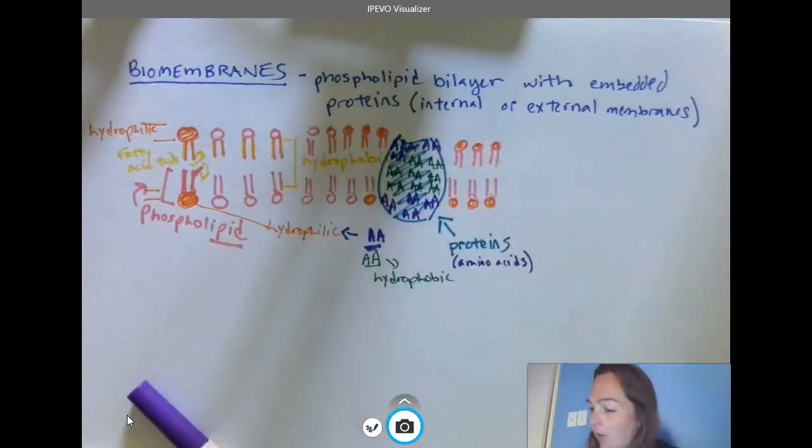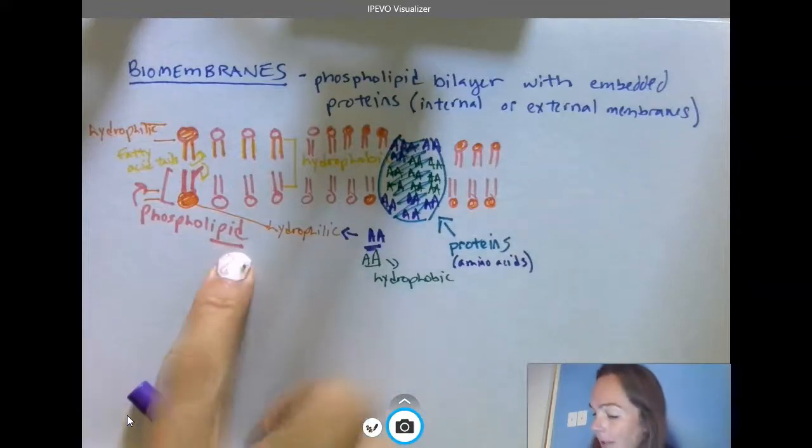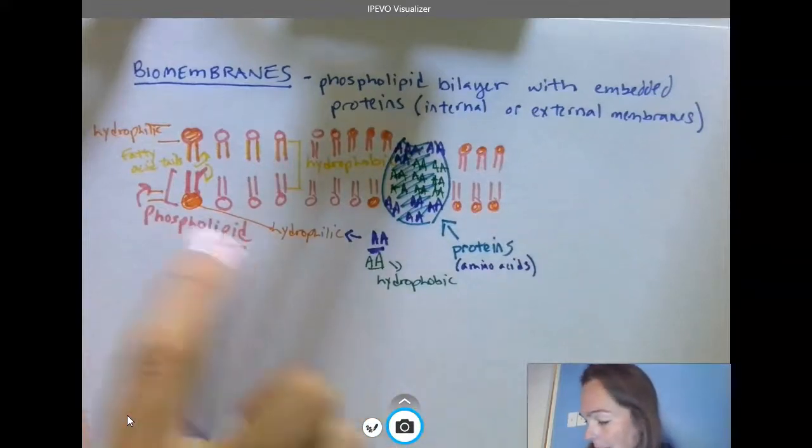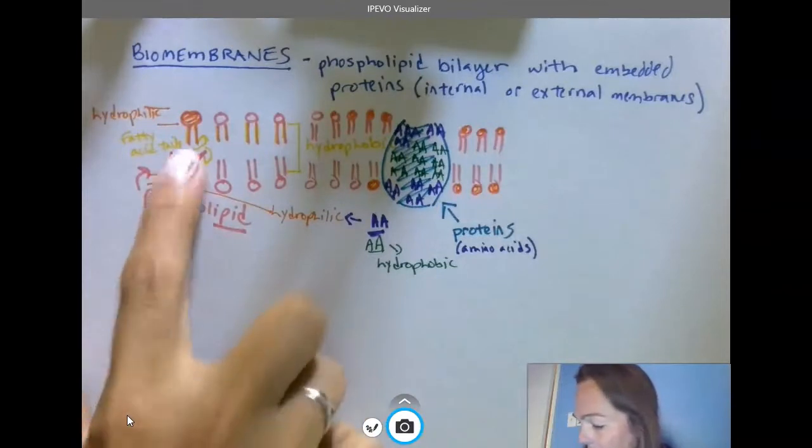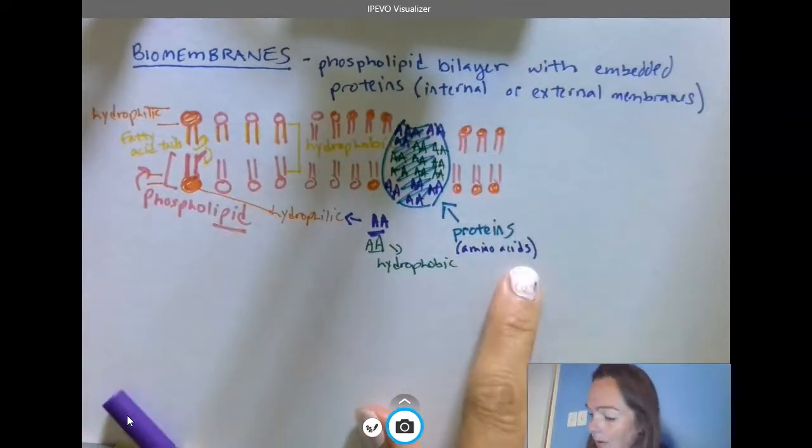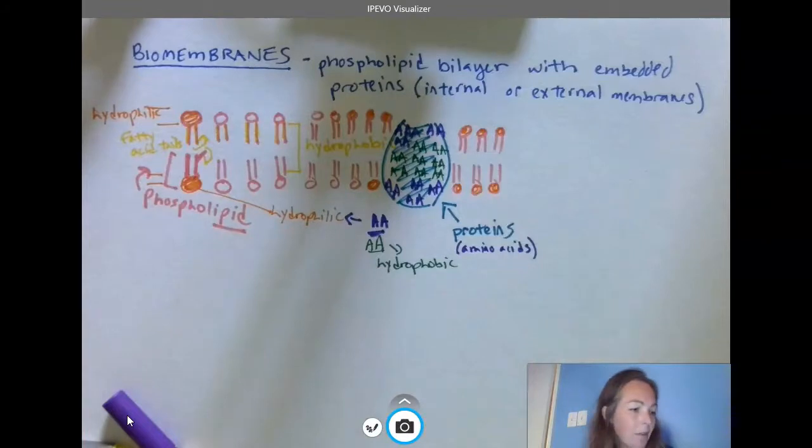Okay. So far we're reviewing two macromolecules. We have phospholipids, which are a type of lipid made up of glycerol, a phosphate head, and fatty acid tails, and we have a protein. There's another type of lipid that also fits into the cell membrane, and that's cholesterol. And cholesterol is a type of steroid.